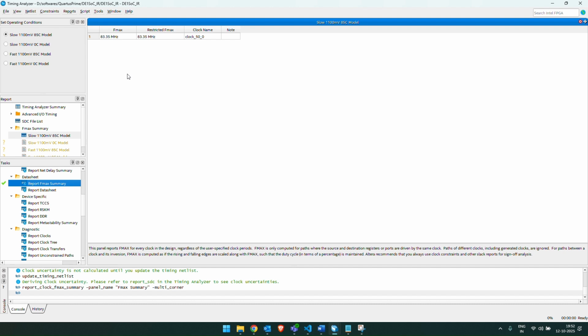If you look at the maximum frequency, it has reduced. Initially the maximum frequency was 160 megahertz. Now it has reduced to 83.35 megahertz, because we have moved the cells, so the length of the wire has increased. That has increased our delay, hence the frequency has reduced.